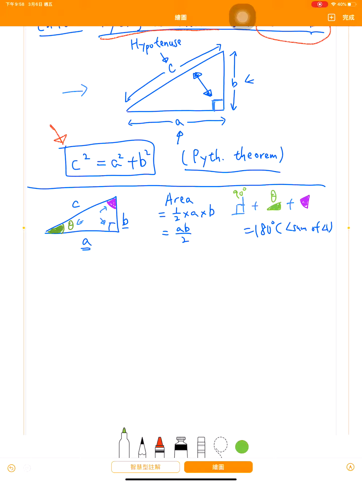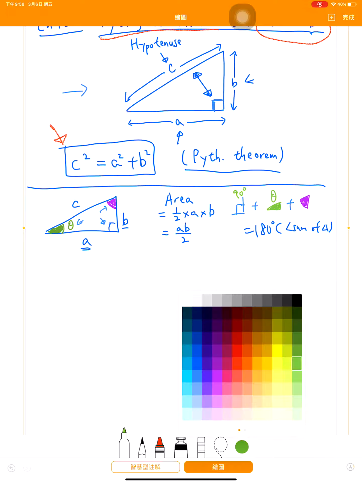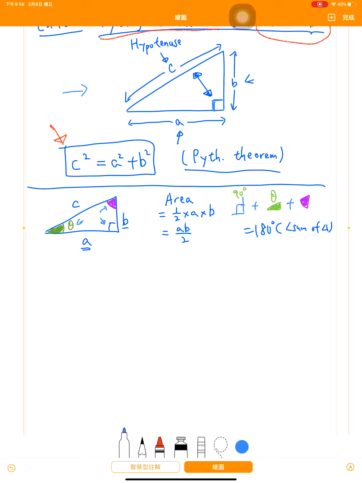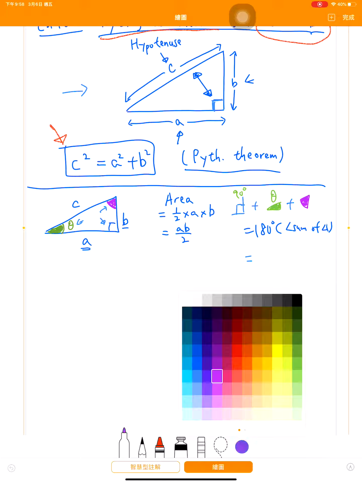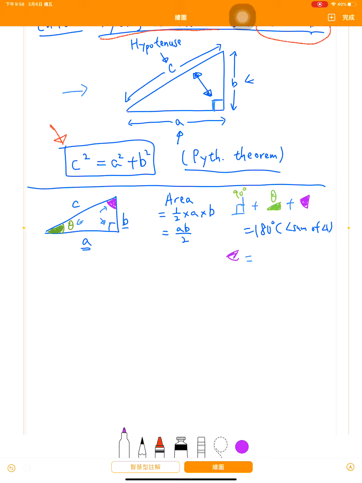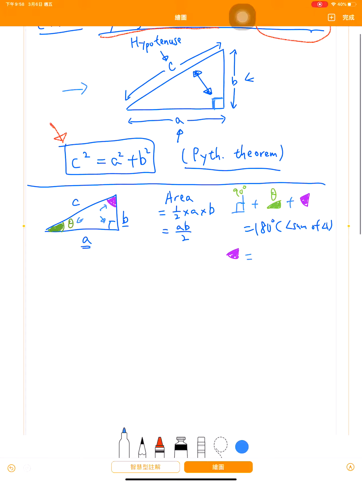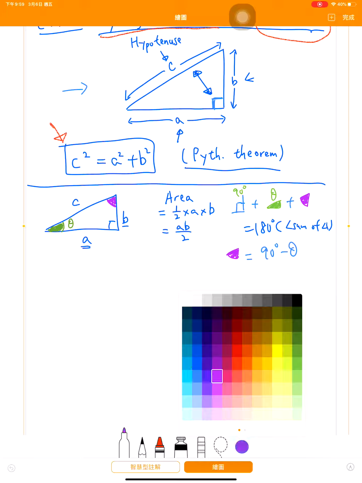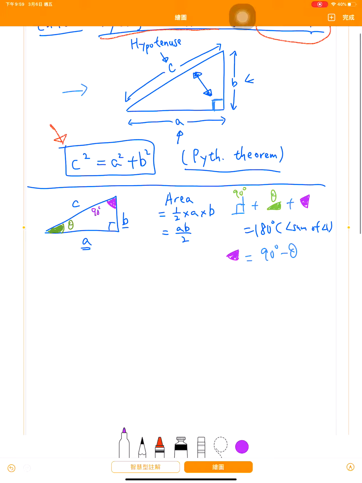So you simplify, and you can get the purple one will be 90 degrees minus theta. So this one is 90 degrees minus theta.